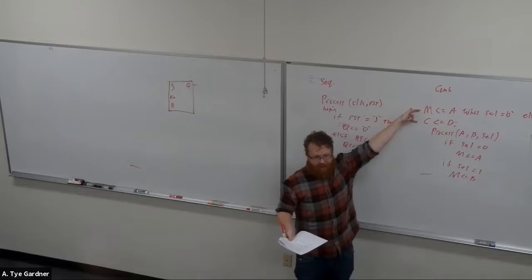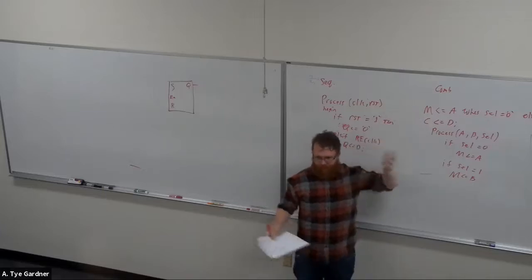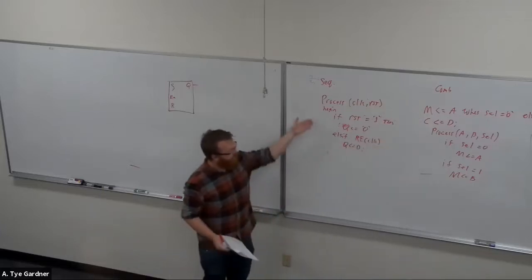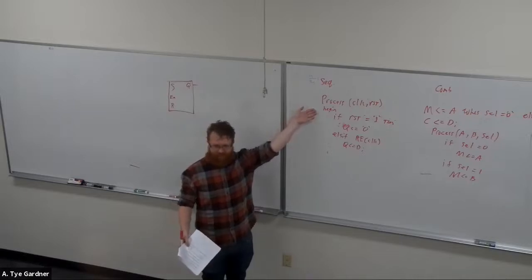The same time, right? They're always running at the same time. Combinational runs in parallel. Sequential runs in sequence, one line after the other, right? That's why it's called sequential.